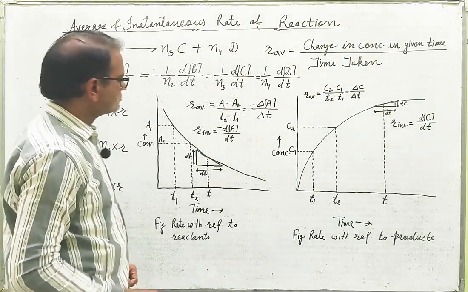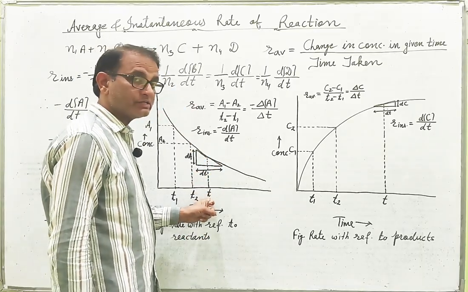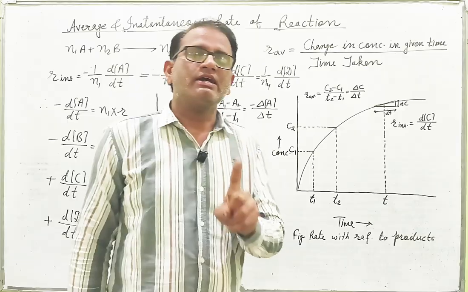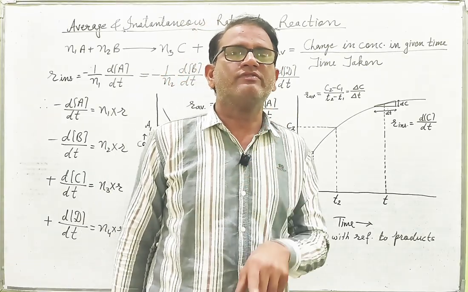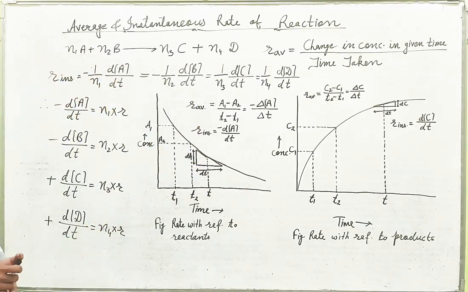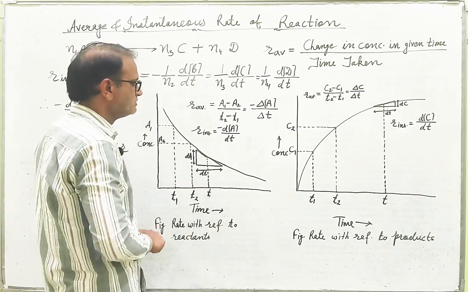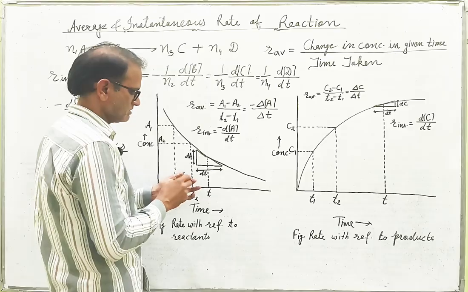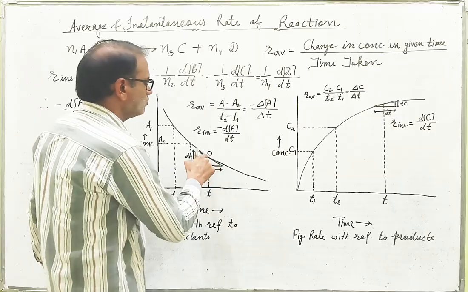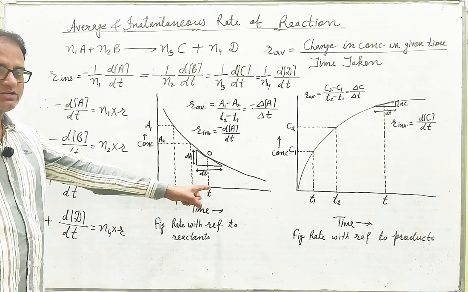Now suppose we have to calculate rate of reaction at time t, at moment t. That will be the instantaneous rate of a reaction. And how to calculate the instantaneous rate of reaction? Let us draw a straight line over this time axis, and that is cutting this graph at point, say, O. Suppose at this point we have to calculate the instantaneous rate of reaction.